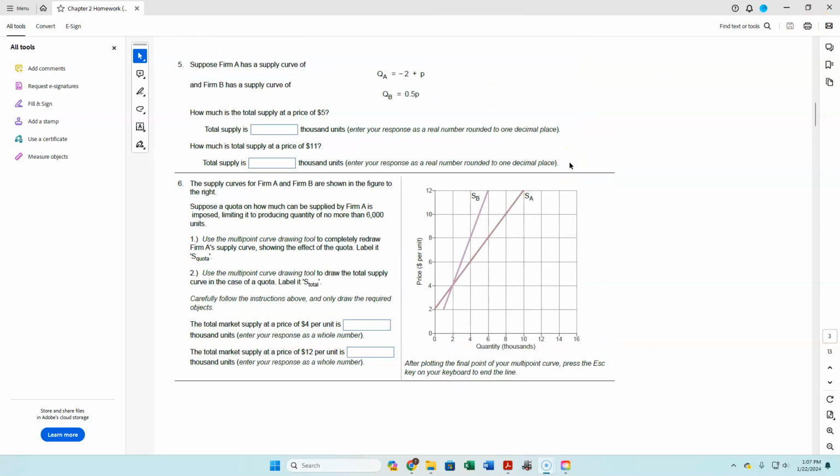Okay, number 5. So here we have a supply function for firm A and for firm B. And essentially what you need to do here is insert the price of 5 into each of these, substitute it in for P. I'm not going to write it out for you here, but I'll write out the very general form just to start you off.